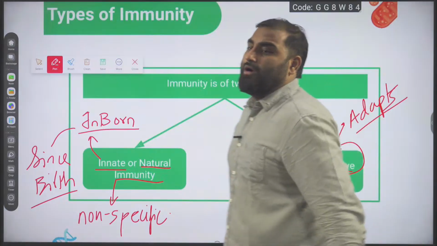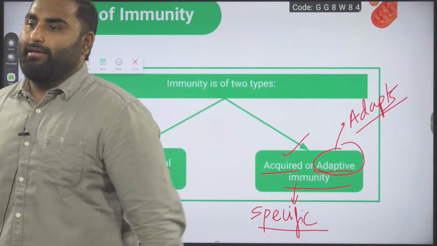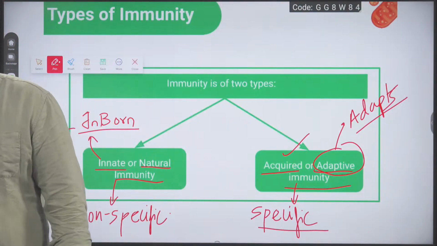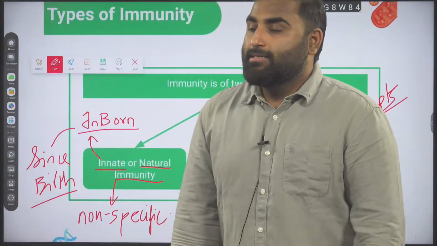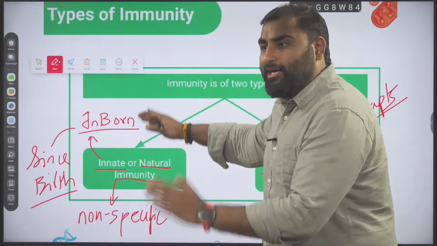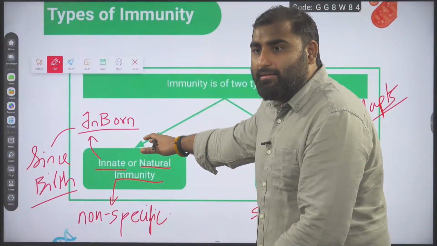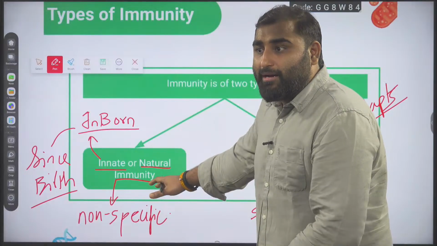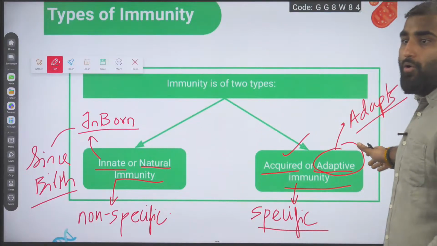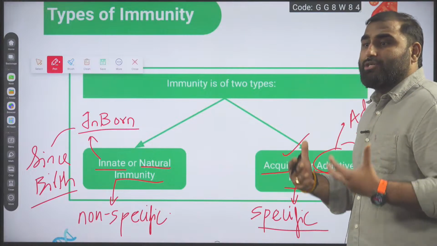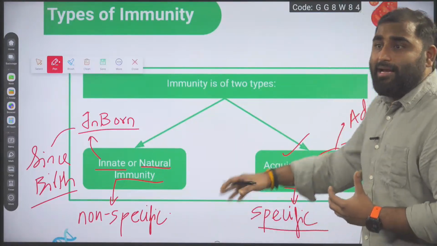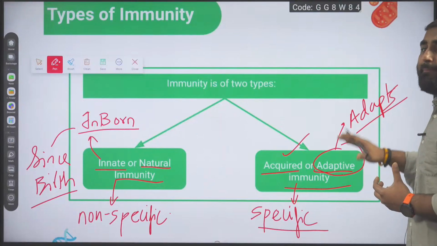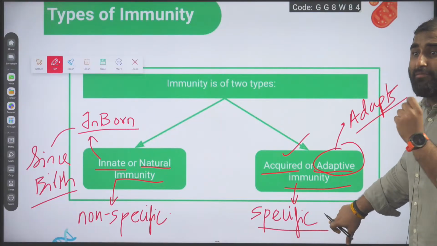That's why it is also called specific immunity. Are we clear till now, guys? So basic immunity, innate or natural, since birth, is non-specific. But as we grow, we acquire knowledge, we understand different foreign bodies, we fight them, and we develop acquired or adaptive immunity, which gives a specific response.